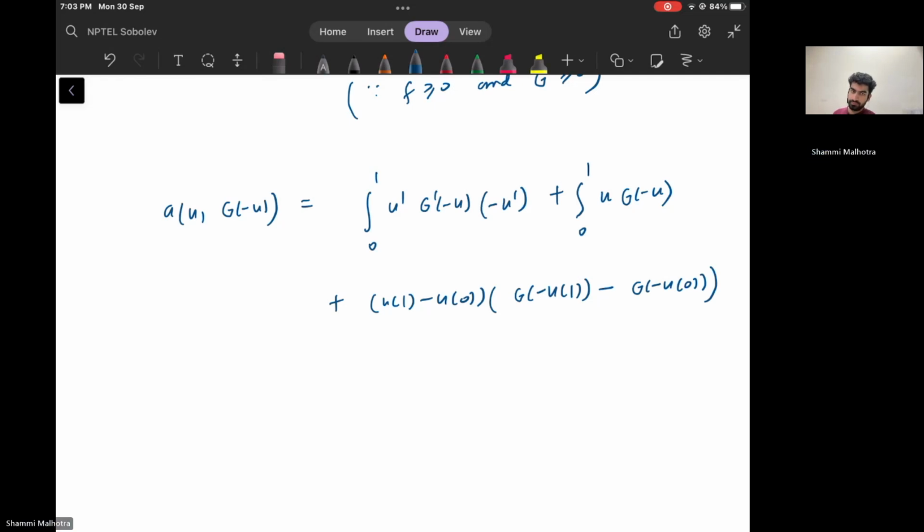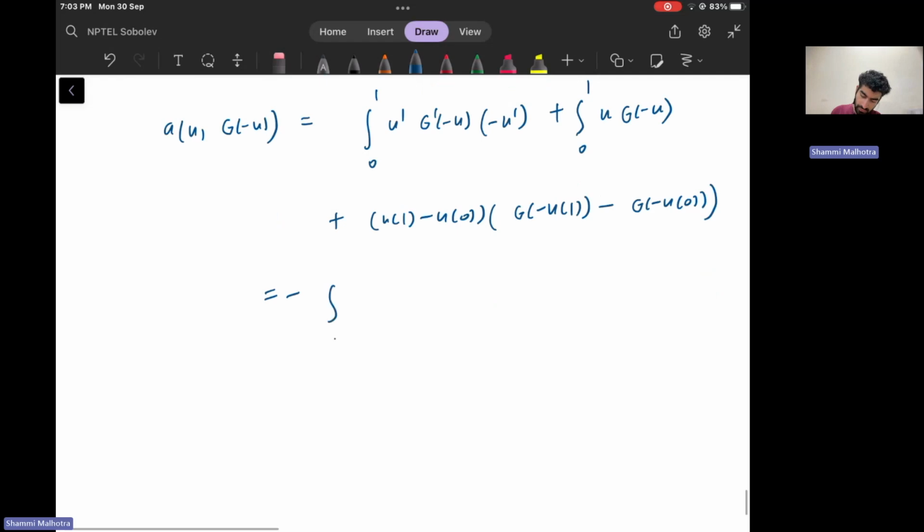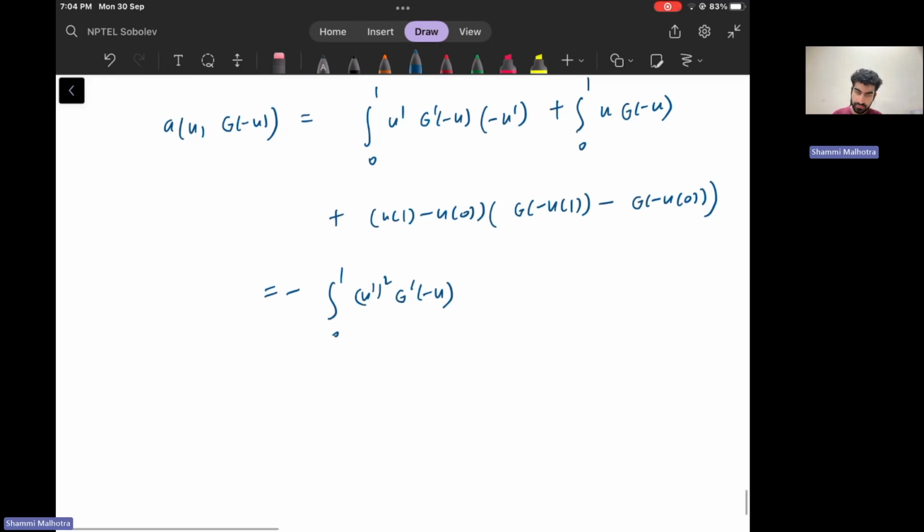Since G' is non-negative, and mind this u' squared, let me write this as minus integration 0 to 1 of (u')^2 times G' of minus u. Since (u')^2 is non-negative, and G' is again non-negative, this integral is negative only.